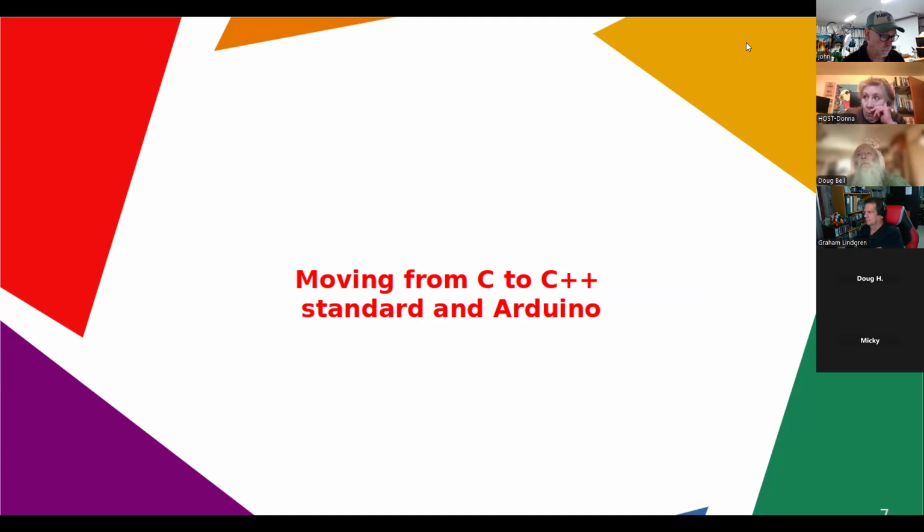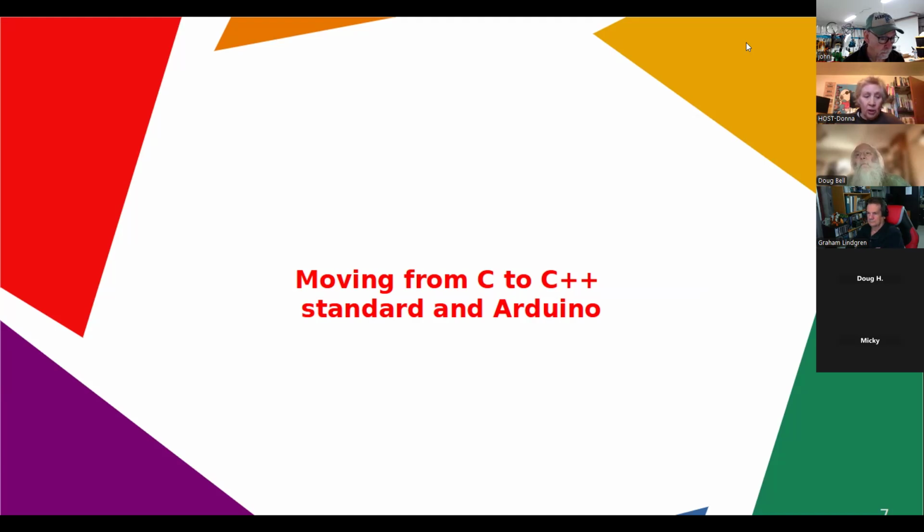What's in a way kind of sad about C++, since it was originally derived from C and inherited a lot of the C syntax and things that you can do in C, is that you can claim that you're a C++ programmer, but you're really not using any of the object-oriented features.